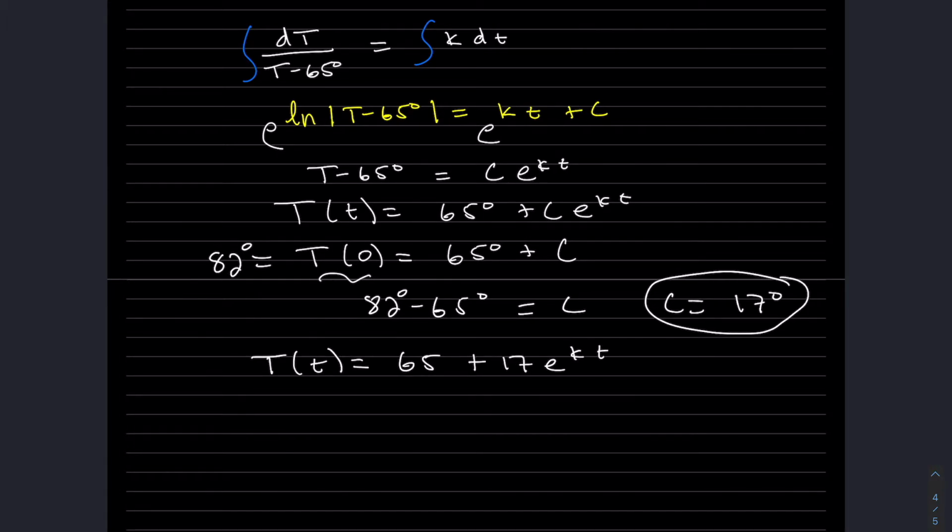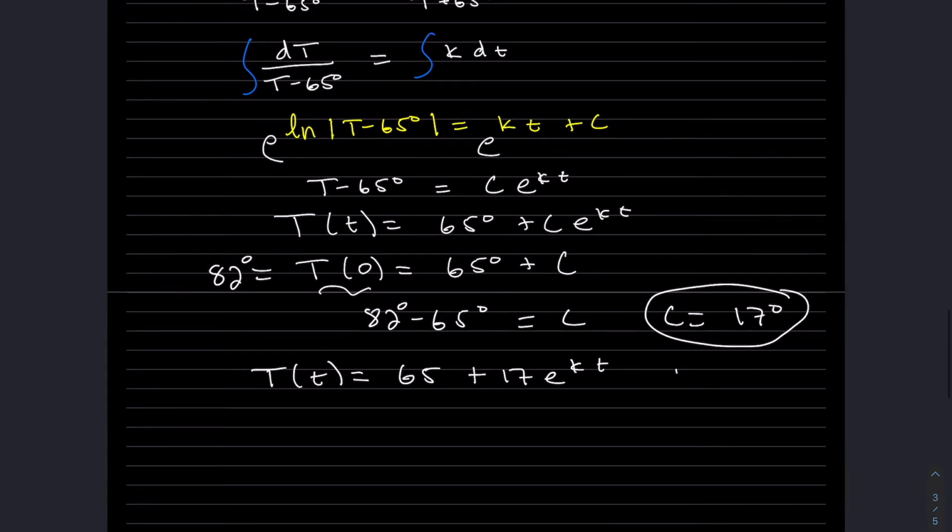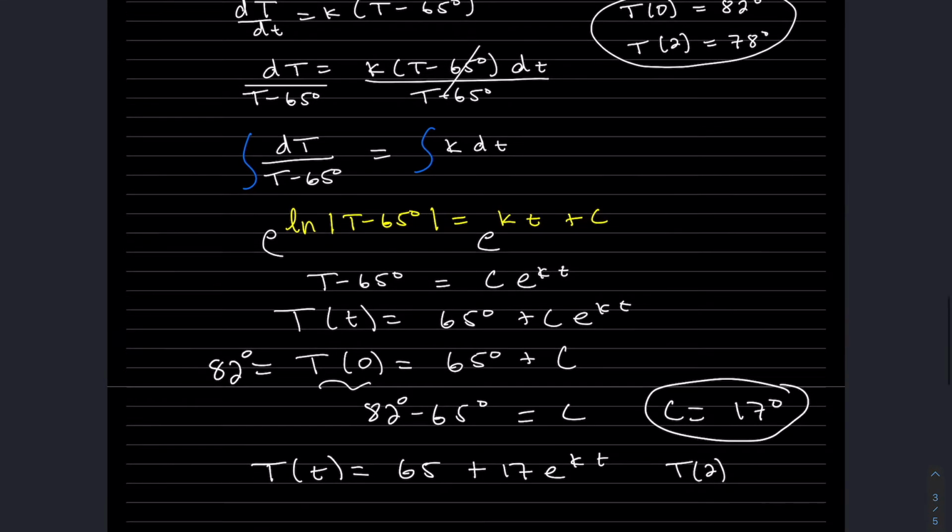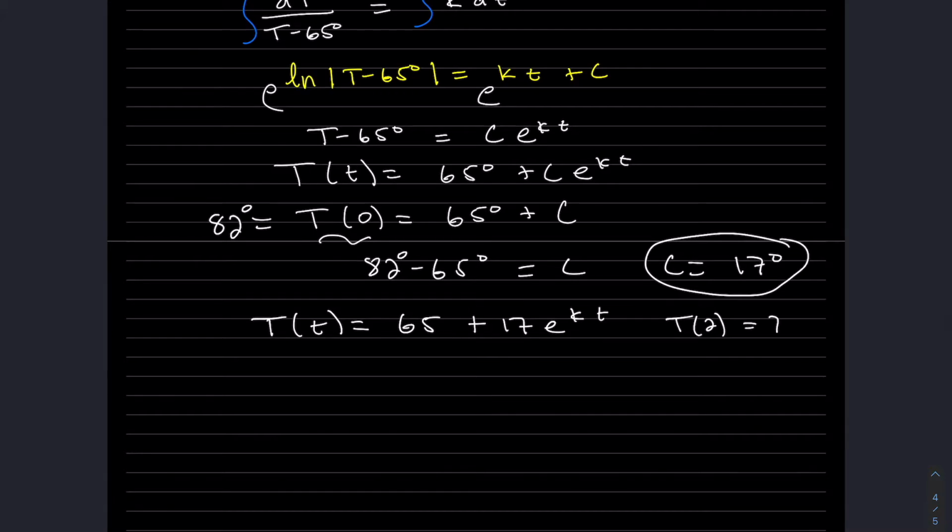And now we use the second point in time to find that K. So we have T of 2 is 78. We want to plug that in. So 78.